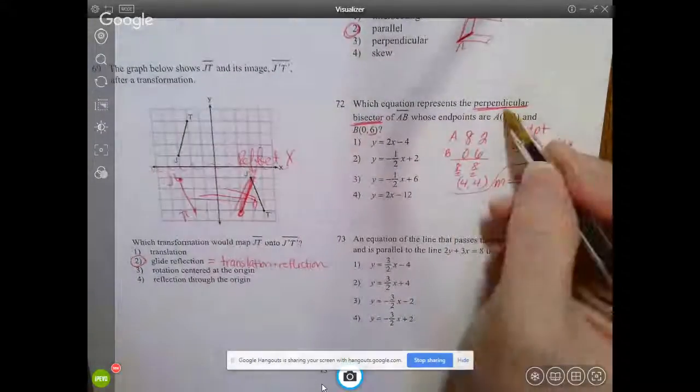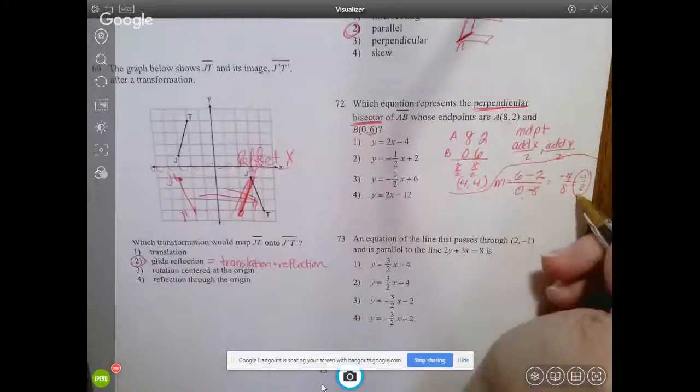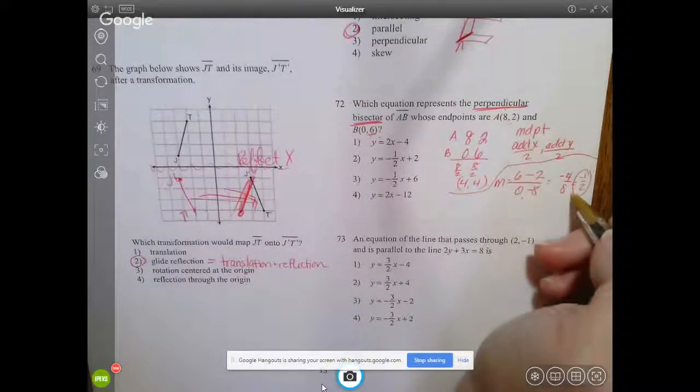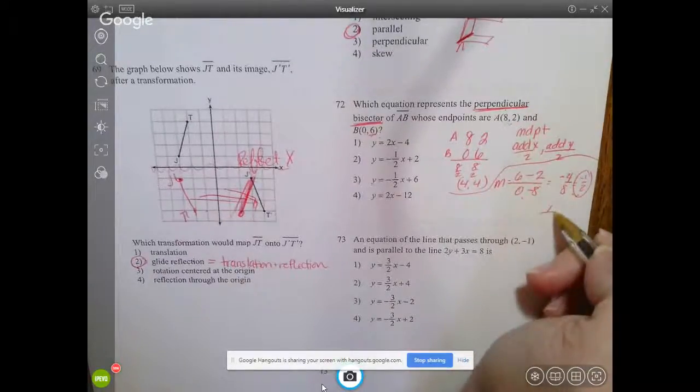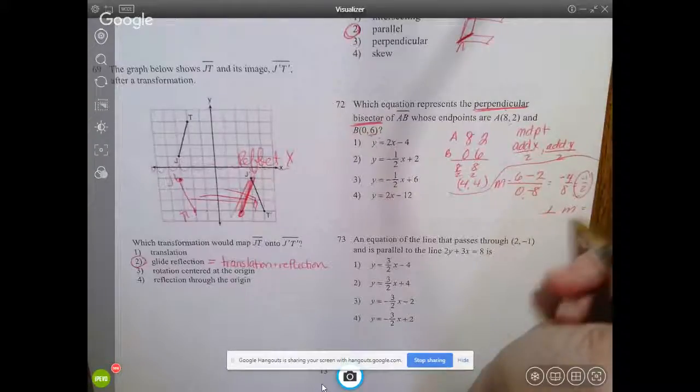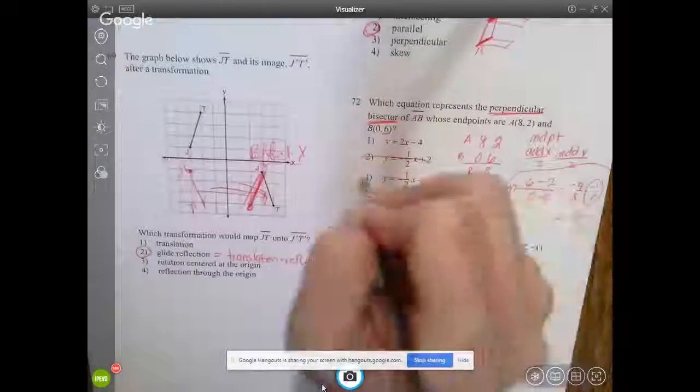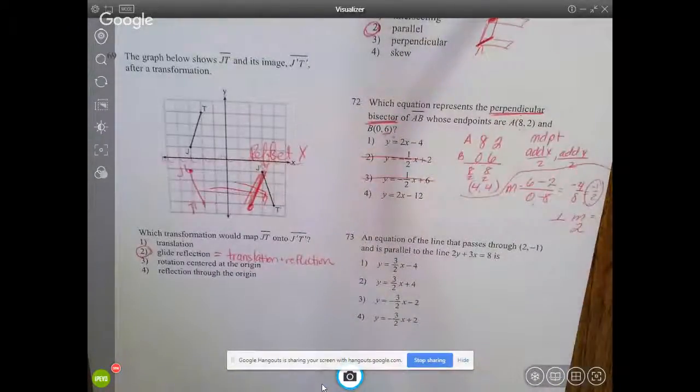So now that it wants perpendicular, I know I need to do the opposite reciprocal. My opposite reciprocal of this is +2. So my perpendicular slope is 2. So I know it's not going to be choice 2 and it's not going to be choice 3. So now I know it's either going to be 1 or 4.